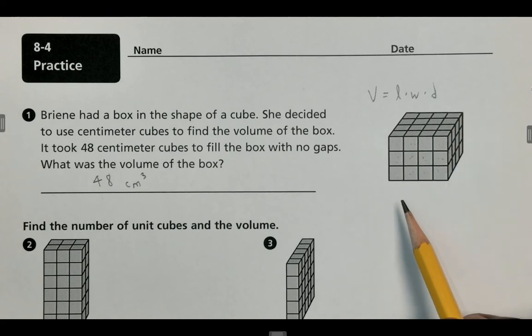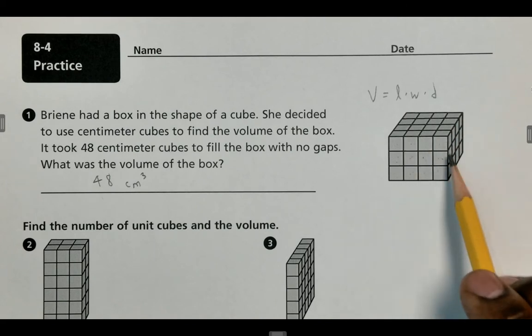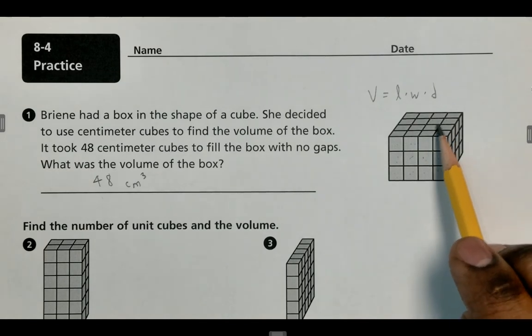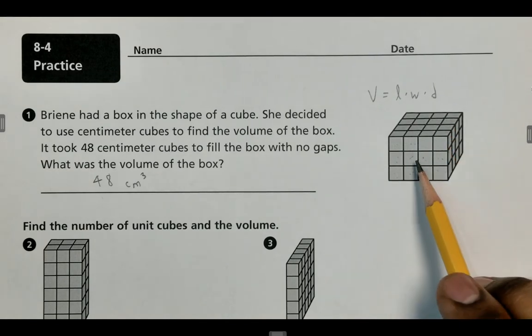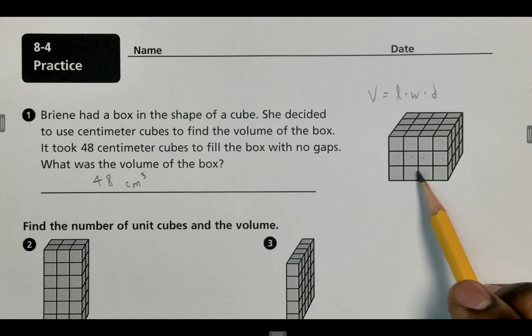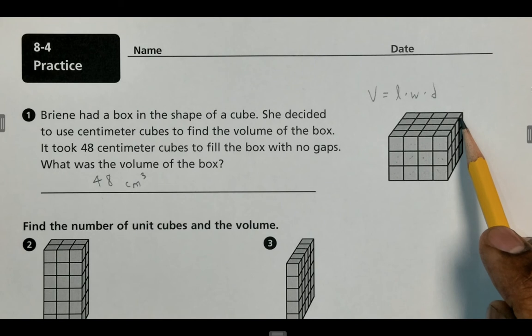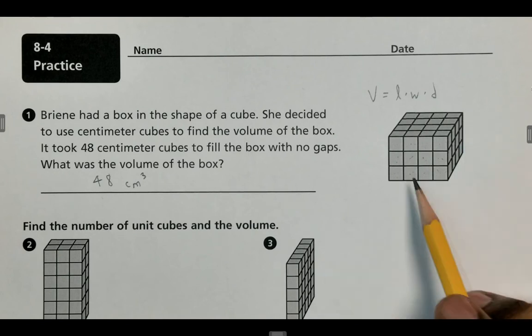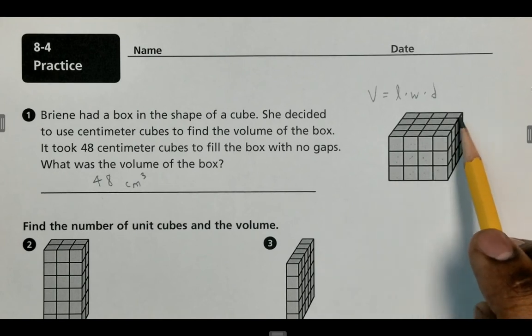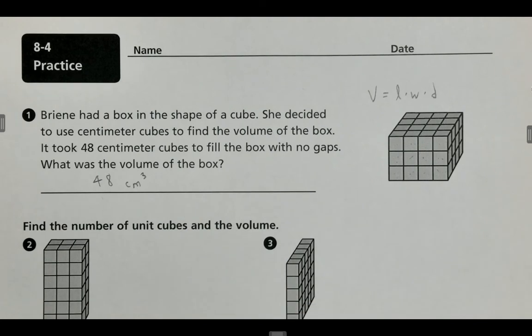That'd be one way to think of it, as far as this front face being extended or multiplied out 4 times. So I have 4 times 3 times 4. 4 times 3, of course, is 12. 12 times 4 is 48.